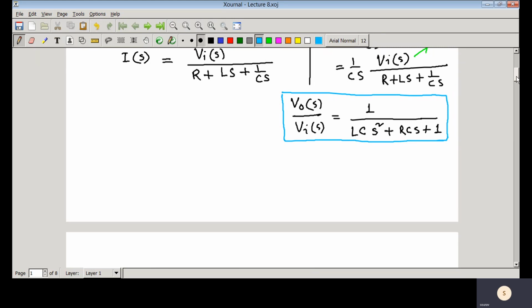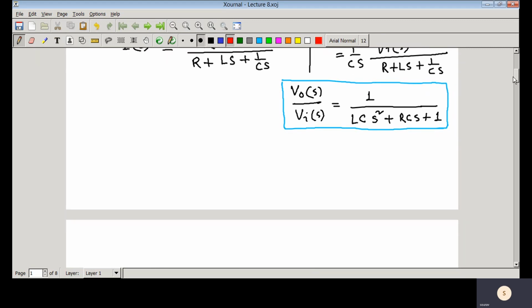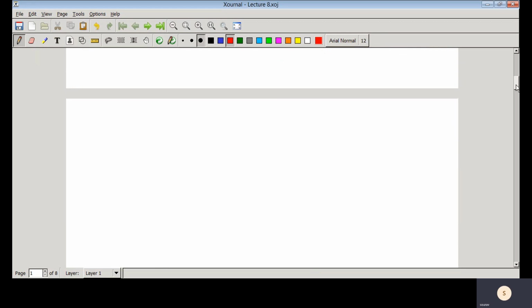This is another technique for representing dynamical systems. So let us see what the block diagram representation is. We have already seen how to represent dynamical systems in block diagram form, but here we'll show it in detail.